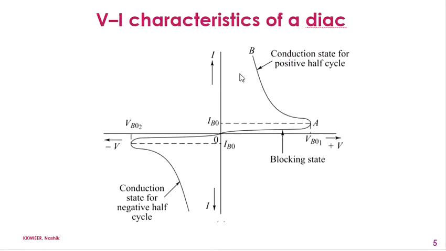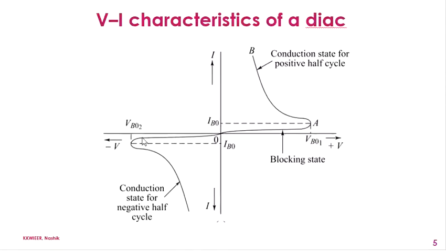In case of DIAC, this gate current, this control signal is absent. So at point A, the voltage level reaches its breakover voltage and device automatically starts conducting. During this conduction, as this current increases, we can see the value of voltage goes on decreasing. The value of current corresponding to point A is known as breakover current.